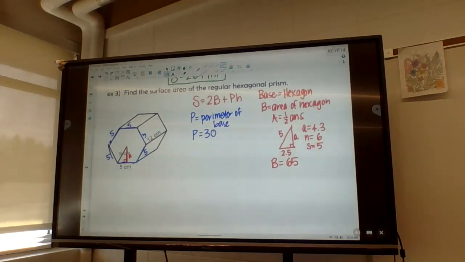So our perimeter of our base would be 30. And then our height is the 12, because again, this is turned on its side. They won't all be, but these all have been. And again, it just depends what you called your capital B.